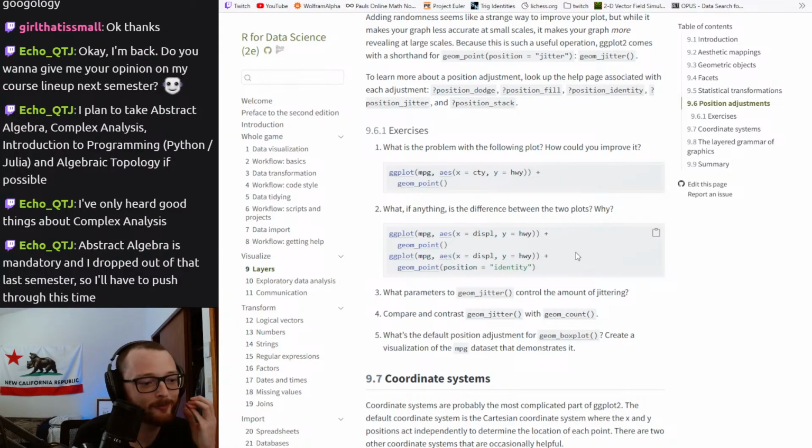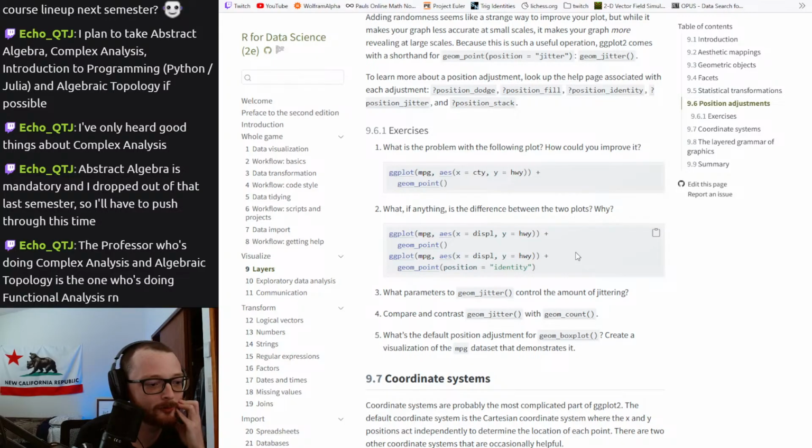I've only done some very basic group theory stuff, and I can work my way around the easier proofs, but I struggle to enjoy it, and I also struggle to do it after a certain point. The professor doing complex analysis and algebraic topology is the one who's doing functional analysis. Oh no. That's gonna be difficult.